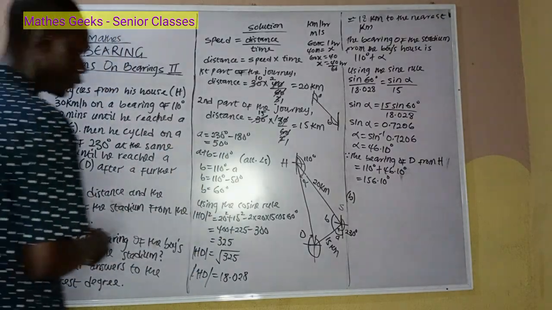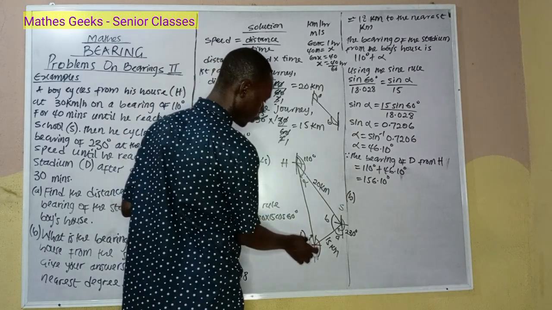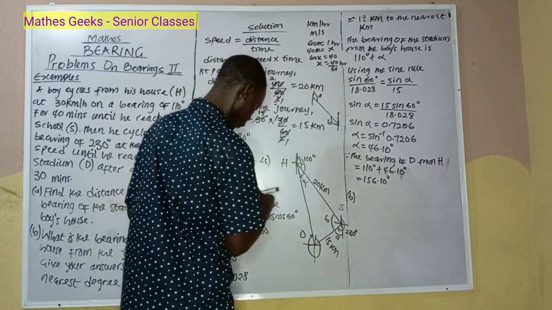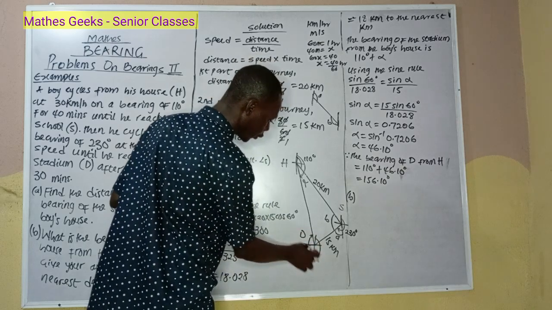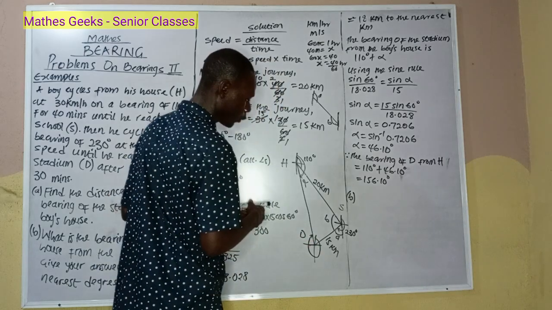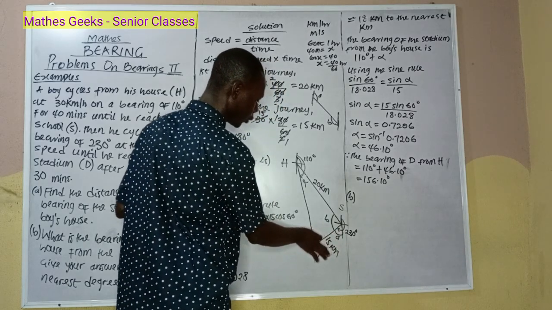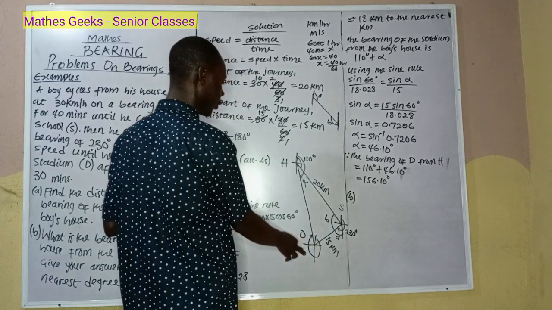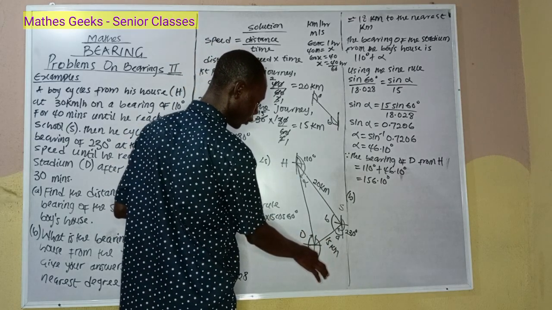Now, in this case, what we notice is that from the north to the south is 180 degrees, and here we have alpha from the south to this line. We could say that alpha here is alternate to this angle, but it's not useful when we are calculating the bearing of H from D, because already we know that from the north to this point is 180 degrees.